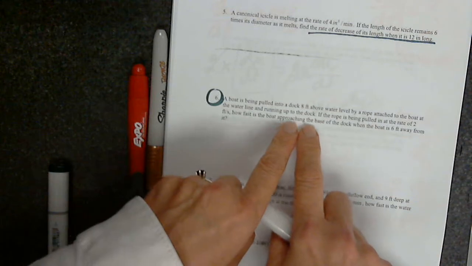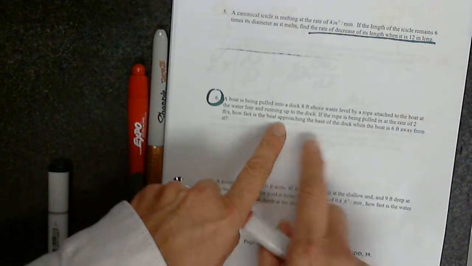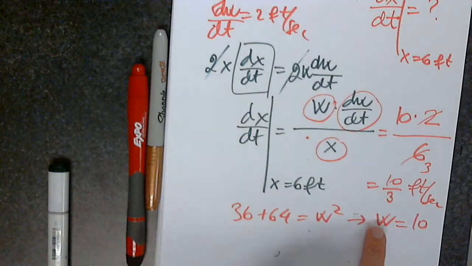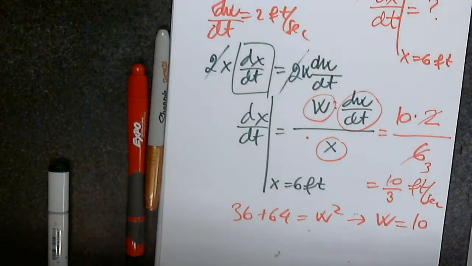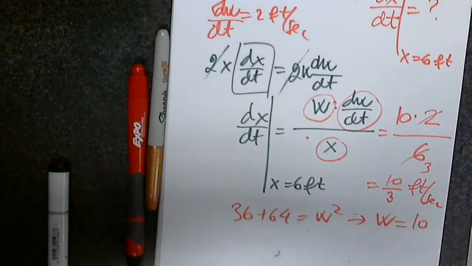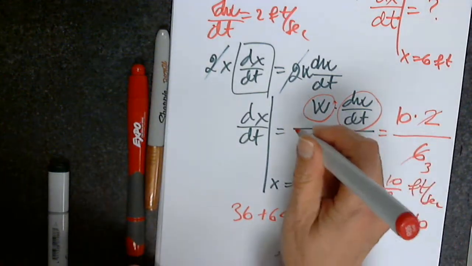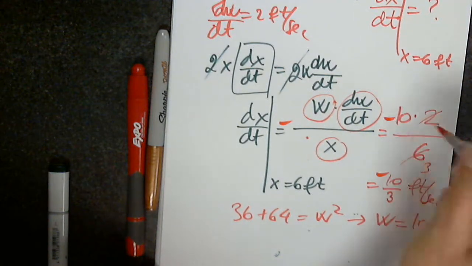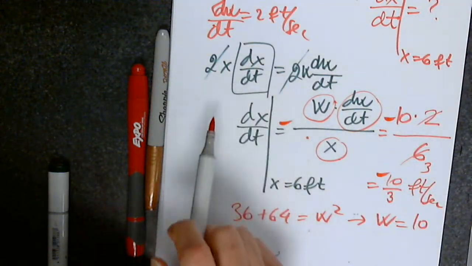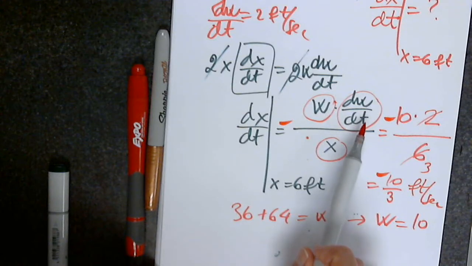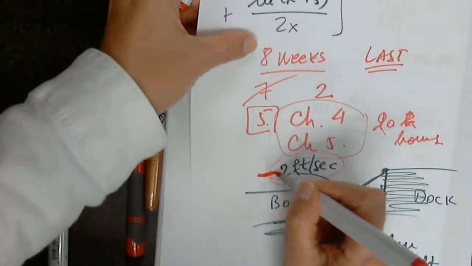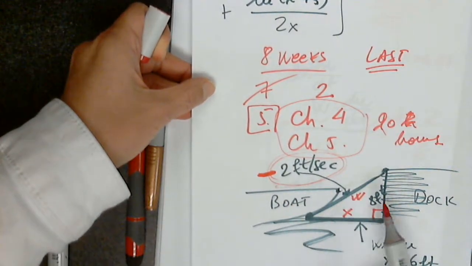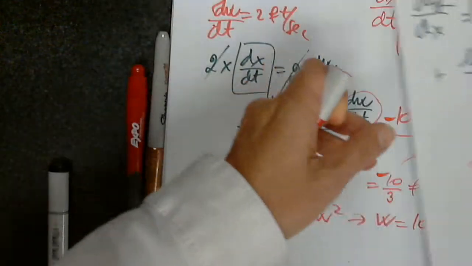Also, how fast is the boat approaching the base of the dock? The rate of change of x is also negative, because x is getting smaller. So I will put negative here and here, because it gets smaller and smaller.